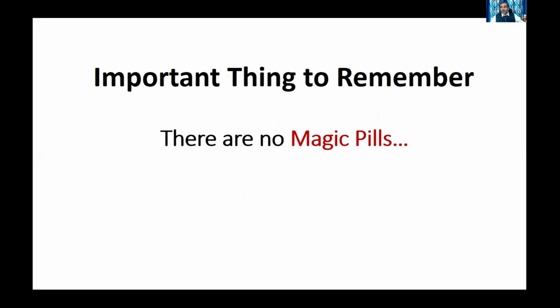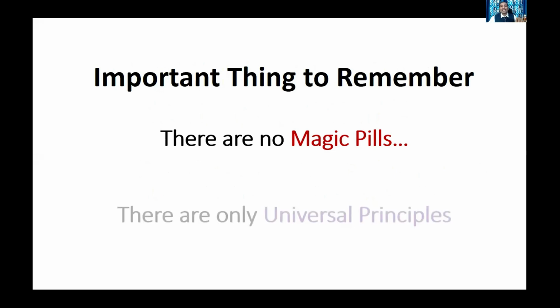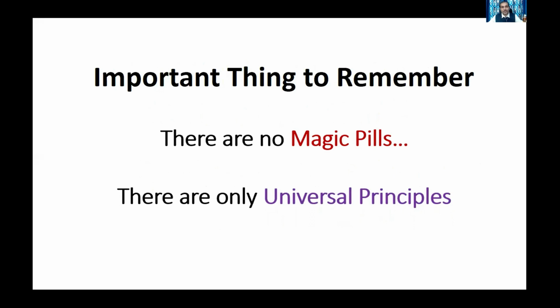What I can utilize to get everything in my life is nothing but universal principles. There are 432 universal principles, and you don't have to work with everything. There are major 12 principles, and you don't even have to work with all of those. Just 4 to 6 principles.